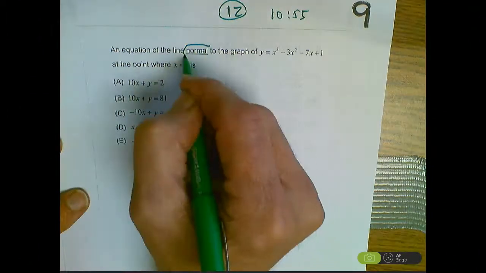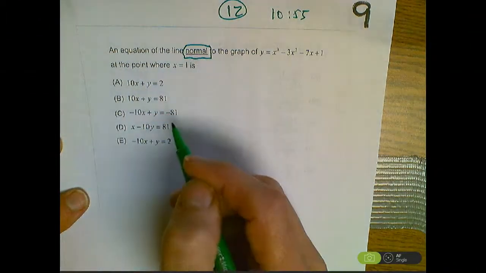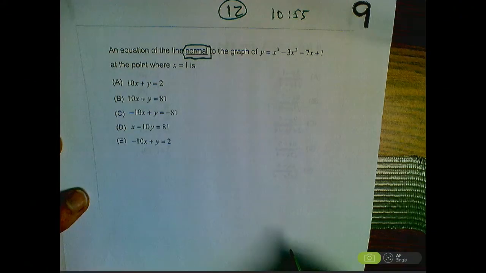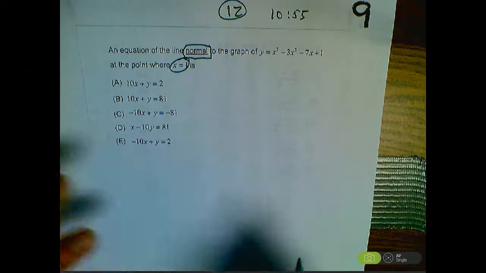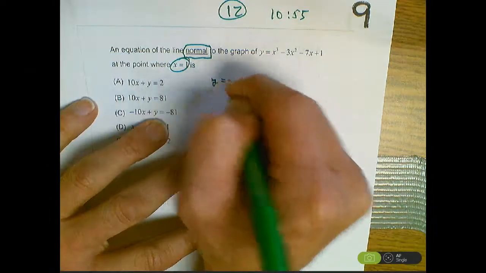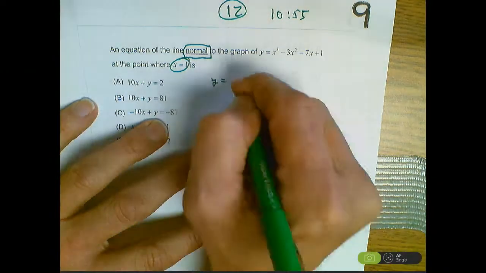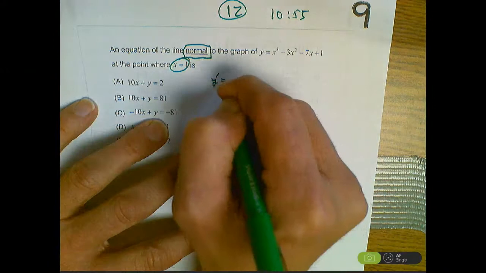Remember a normal line? We're doing reciprocal slope. So it says the line that's normal to the graph when x is 1. Let's take the derivative and figure out what the slope of the tangent is, which is going to be y prime at 1.